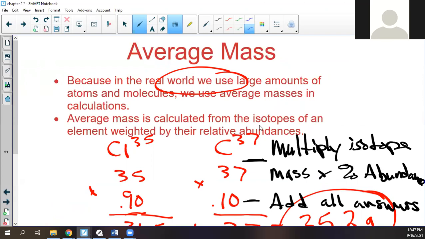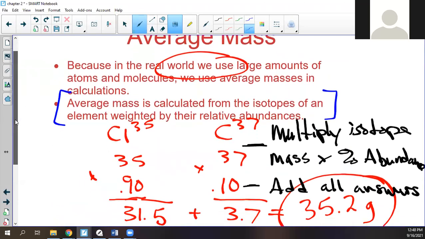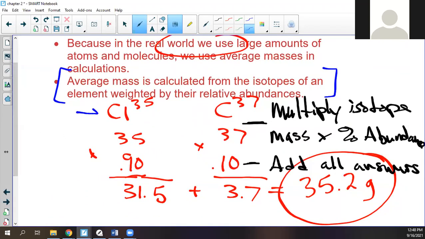The way we get these numbers are from the graphs. We take what's called the average mass. Average mass is calculated from the isotopes of an element weighted by their relative abundance. So we found out that chlorine had two isotopes, 35 and 37.